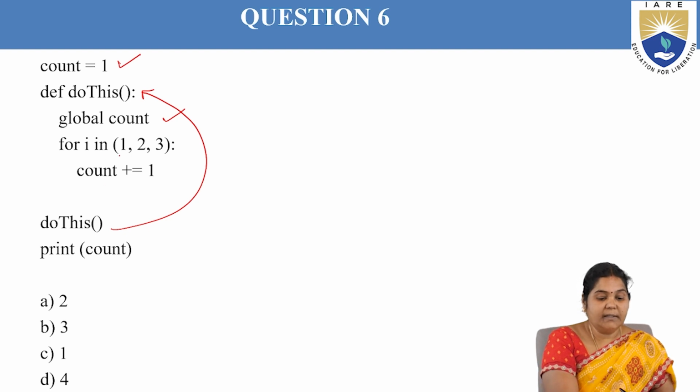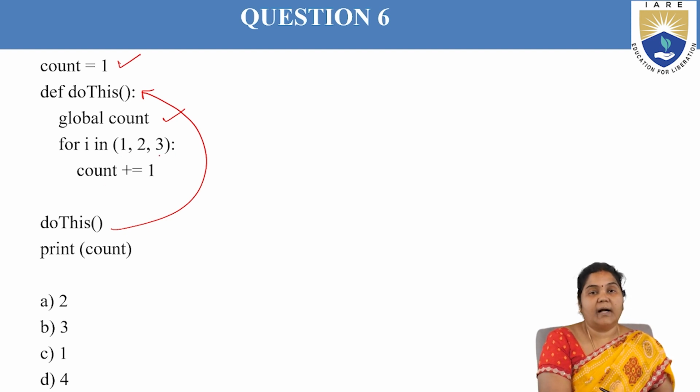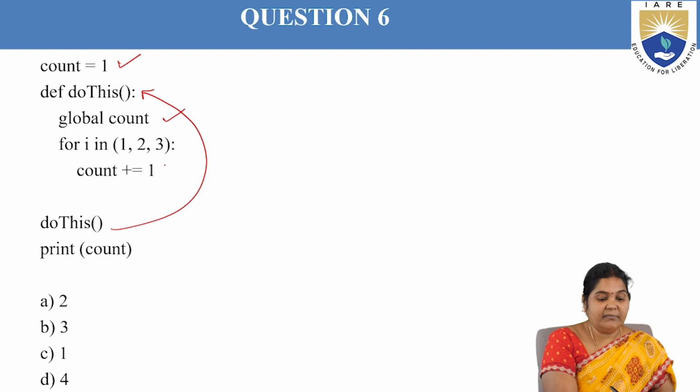Now for i in 1, 2 and 3, which is a tuple, you have to do count is equal to count plus 1. Every time count is incremented by 1. The tuple is working as an iterable. So this loop is going to run 3 times.